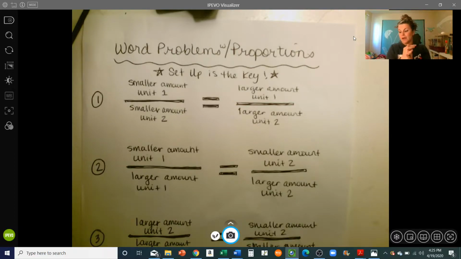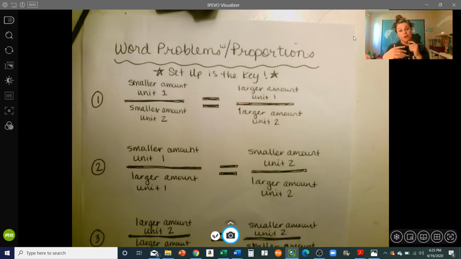Like if I am going to rent a movie and it's $1.99 to rent the movie, and it's asking, how much to rent 5 movies. So I have a smaller amount renting 1 movie for $1.99, and I'm going to have a larger amount where I'm renting the 5 movies because that's more movies. Okay? So those 2 things to figure out. What's my smaller amount and what's my larger amount?